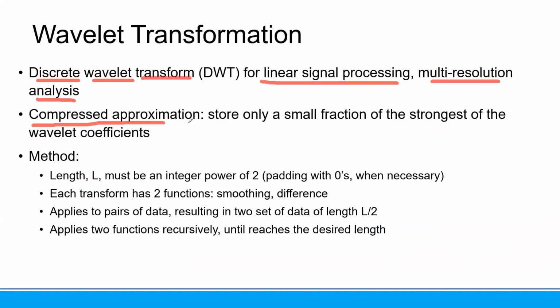We want to compress. The idea is to compress something which is very big, to make it smaller. So we store only a small fraction of the strongest wavelet coefficients.